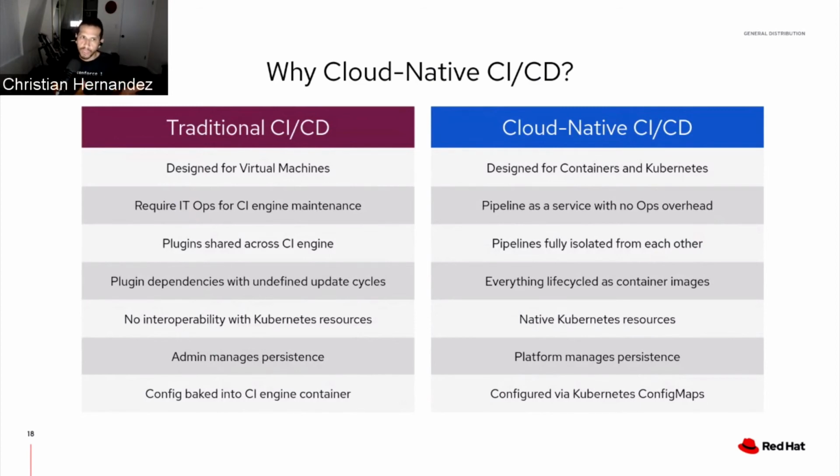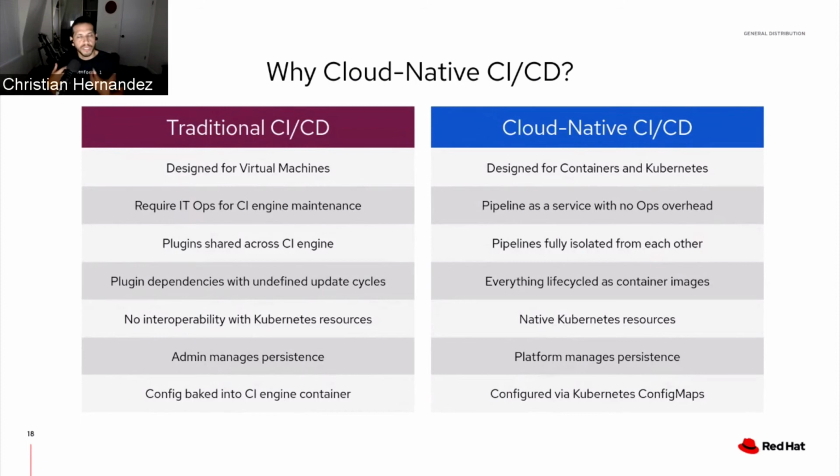It's like a centralized engine for ops to take care of. It's hard to get native interoperability with Kubernetes resources. I'm sure there's plugins nowadays, but there's really no native way of doing things there. And someone just needs to manage it.